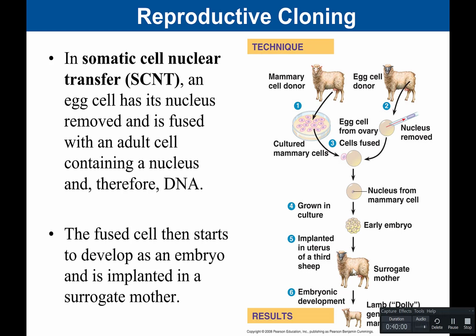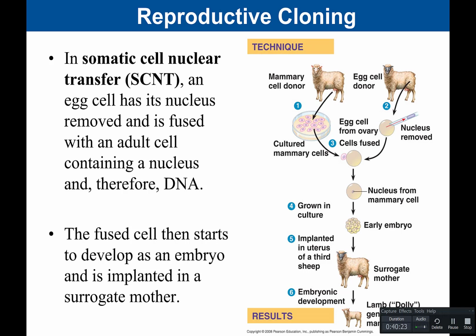This was the first cloned animal. The reason they called her Dolly is because if you know anything about Dolly Parton, she has relatively large breasts, or mammary glands. Notice that this lamb that was produced was genetically identical to the mammary cell donor.